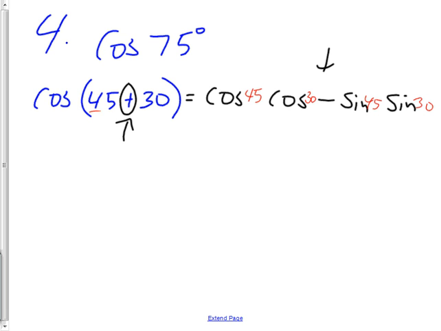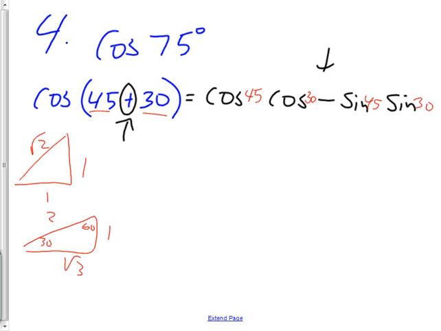So 45, then 30. Okay, now I have to get out my triangles again. I can draw them really quick. 1, 1, root 2, and this one's 30, 60, 90, so that's 1, 2, root 3, and that's a 30, and that's a 60, and that's a 45, 45. Okay, good enough. Cosine of 45, adjacent over hypotenuse, 1 over root 2.